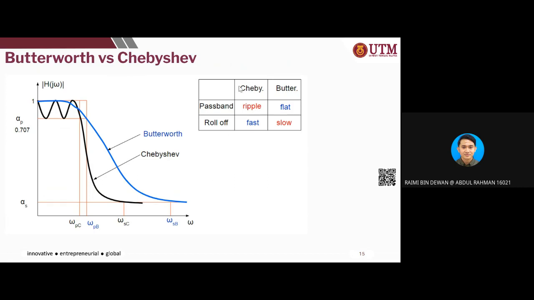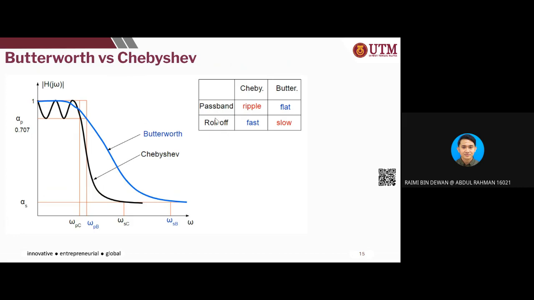Here is Chebyshev filter response. This one is Butterworth filter response. As you can see in Chebyshev, the passband has ripple, which is here. However, in the Butterworth filter response, we have a flat passband shown in blue.